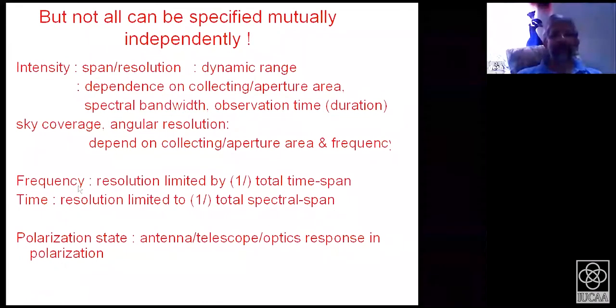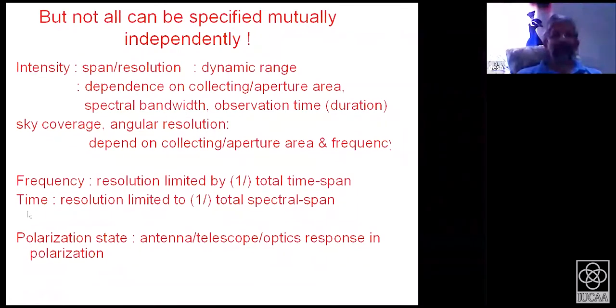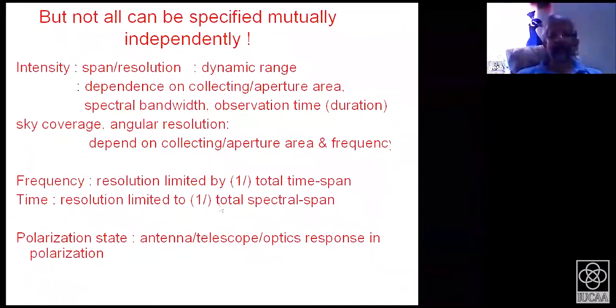Similarly, in frequency, the resolution is limited by the inverse of the time span, and the time resolution is limited by how much spectrum we are looking at, what is the width of the spectral span.